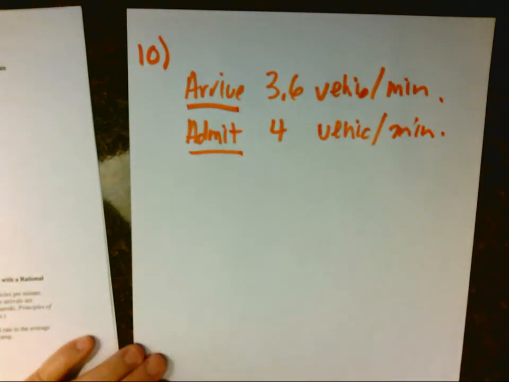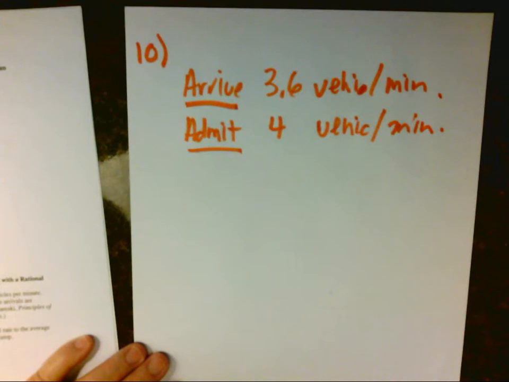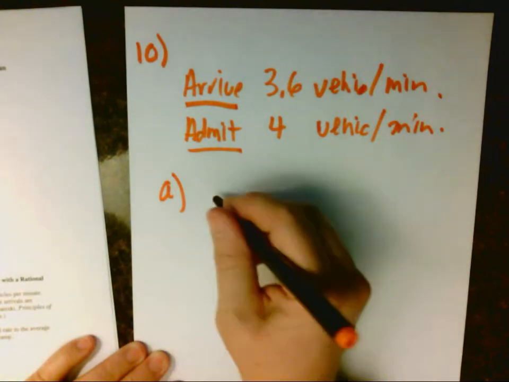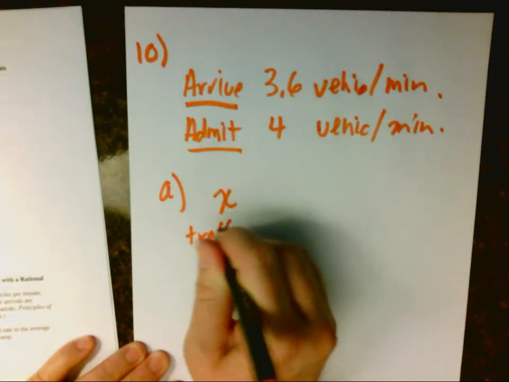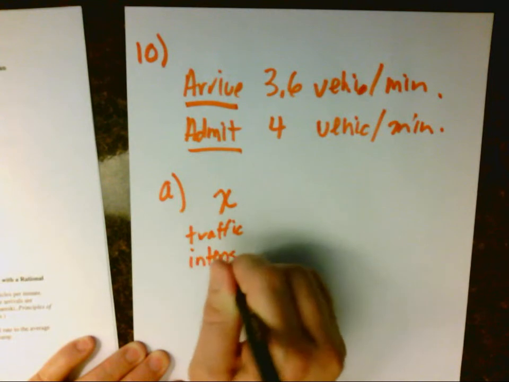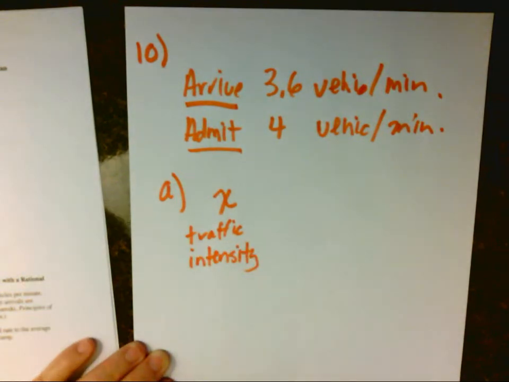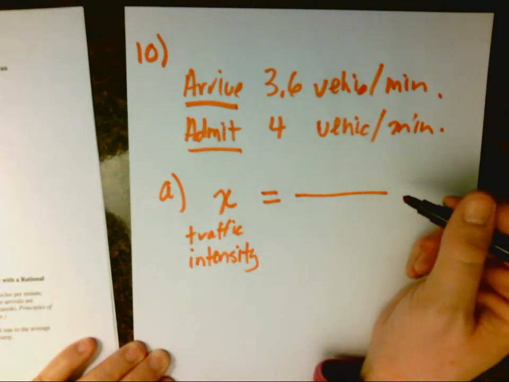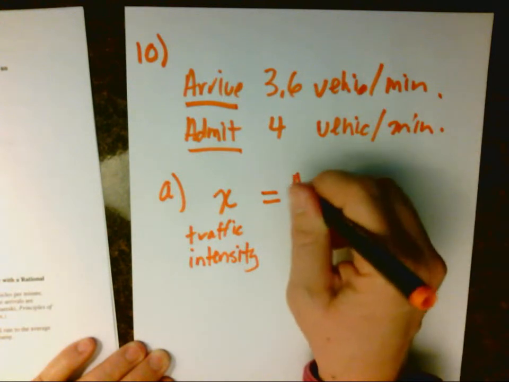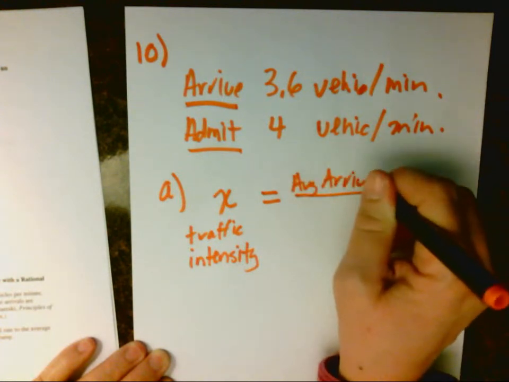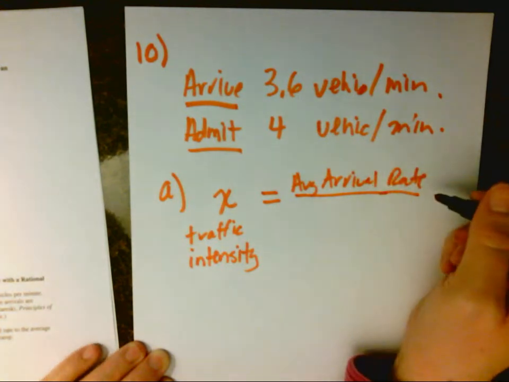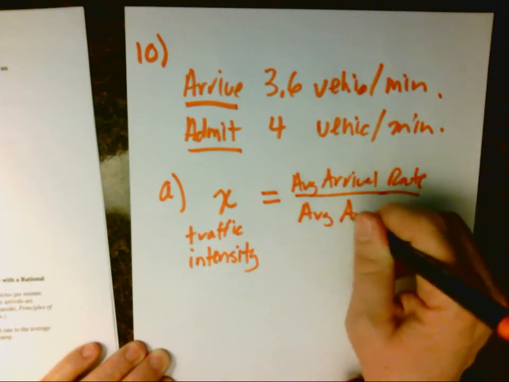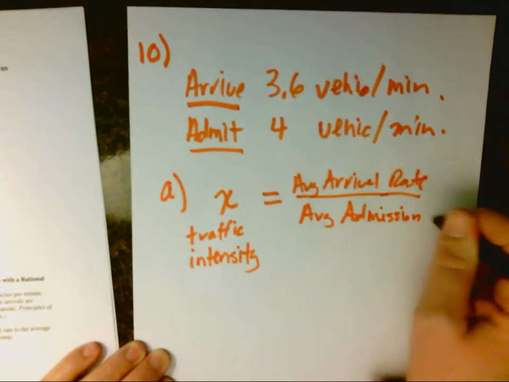Okay, and then they tell the source of this. Lines do form at various times. Part A. The traffic intensity, x. So x tells us the traffic intensity in the parking lot, right, is defined as the ratio of, a ratio is a fraction, the average arrival rate divided by, or to, the average admission rate.